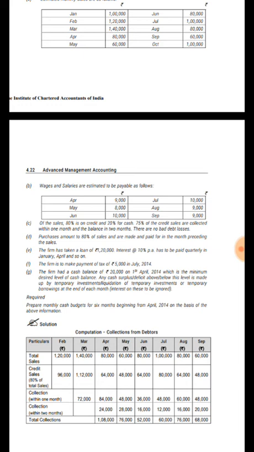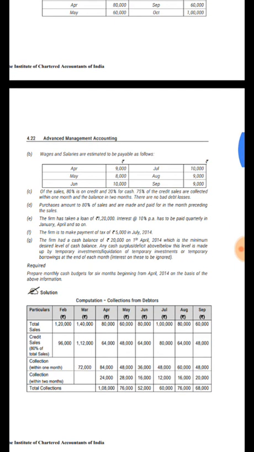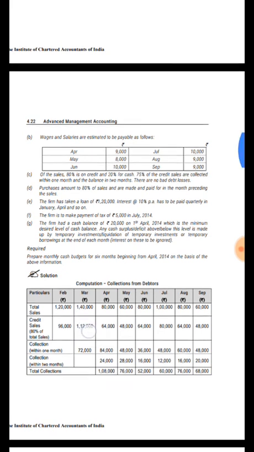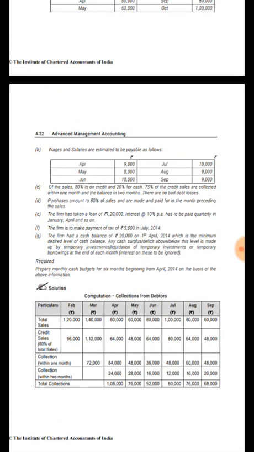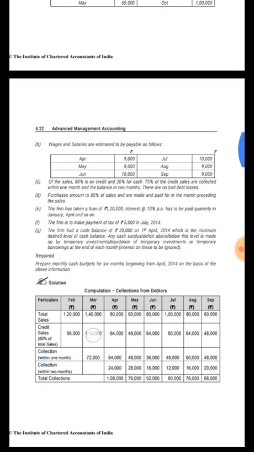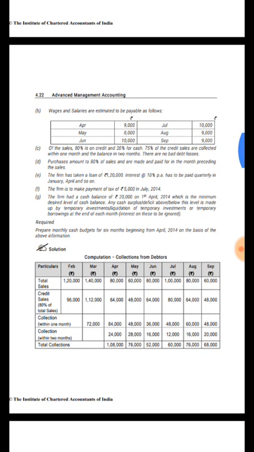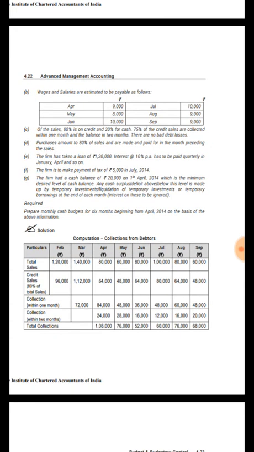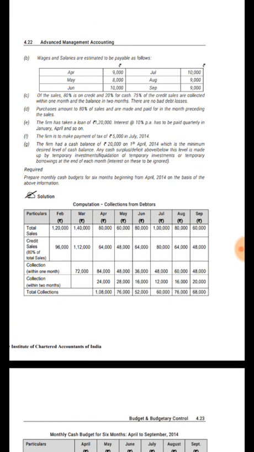Out of this Feb amount of 96, 75% is received in March, 25% in April. Just like that, we'll keep on allocating. This 1,12,000, 75% in April, 25% in May. Like that we'll do for everything. Then we'll get the total collection from credit sales, from debtors. That's it. We got that.